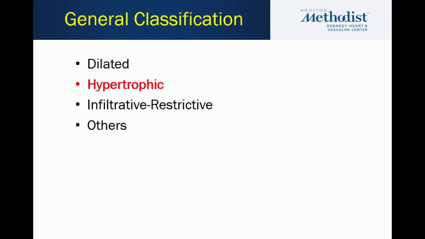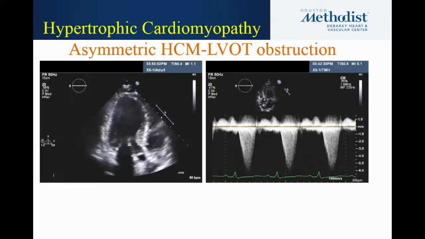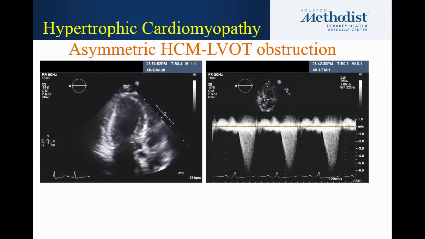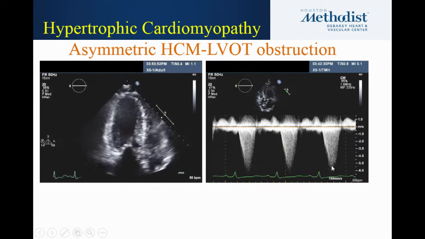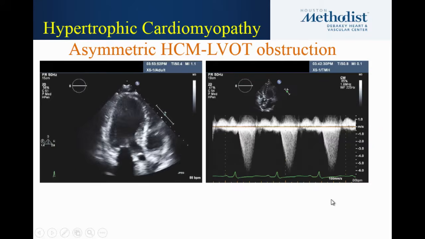Hypertrophic cardiomyopathy, we know a lot about that. In fact, we have a whole hour on that. So I'm only going to touch a little bit of it. The classic variant that we see most often is your asymmetric septal hypertrophy, systolic anterior motion, dynamic obstruction, again, very typical.